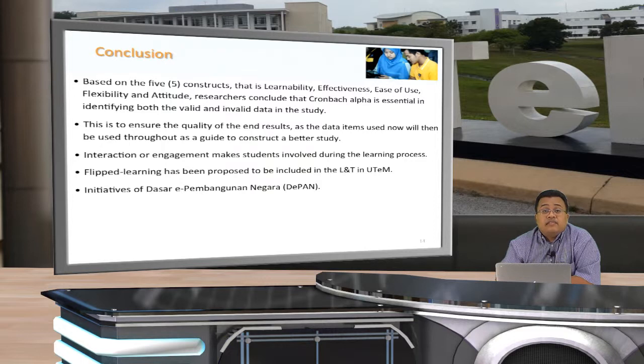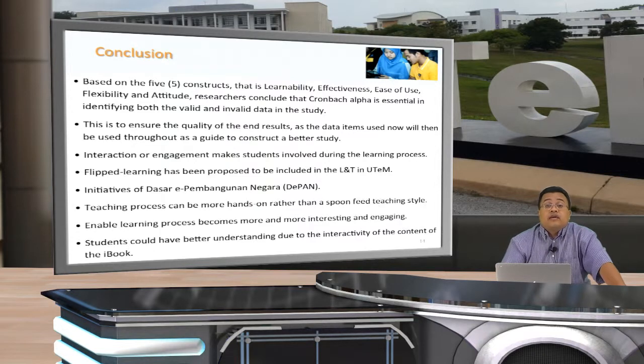If you refer to government policy, it is clearly stated inside the Dasar Pembangunan Negara, meaning that the government also emphasizes using this approach, a flipped classroom, for higher institutions or public universities.